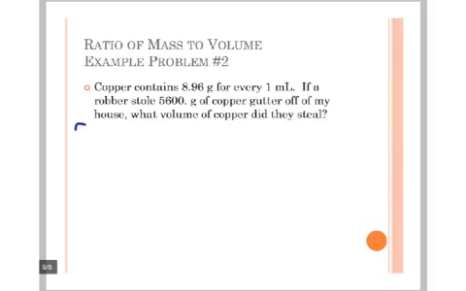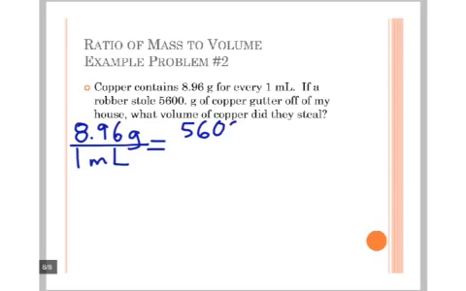So again, we're going to just set up a proportion. There are 8.96 grams of copper for every 1 milliliter of copper. But we didn't just have 8.96 grams. There were 5,000, a whole lot more, 5,600 grams of copper. And I want to know how many, so x, milliliters did they steal.